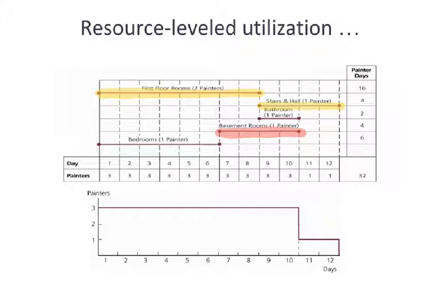We've shifted it 6 days, but we have 8 days of positive slack. So in so doing, we have now limited the resources to only 3 during this area. Remember, before we had 4 painters involved, days 1, 2, 3, and 4, if you look back at that table within your book. But now, by shifting the basement rooms, we only require 3.